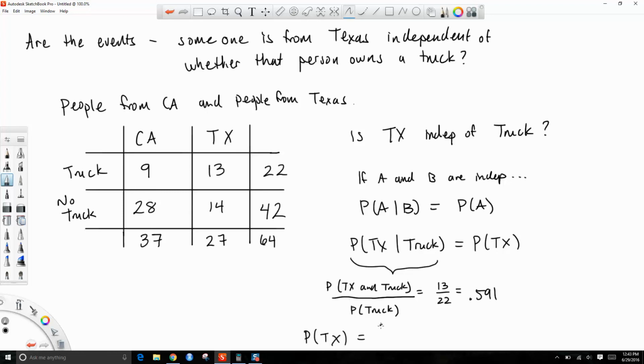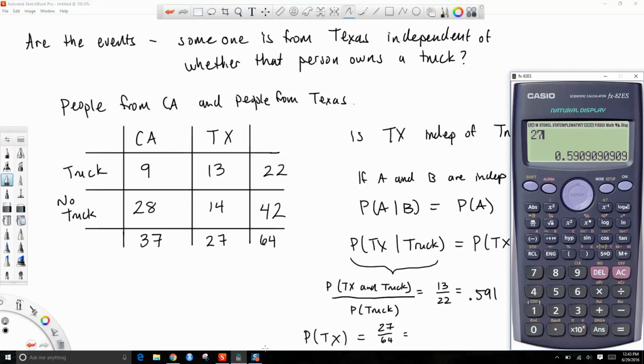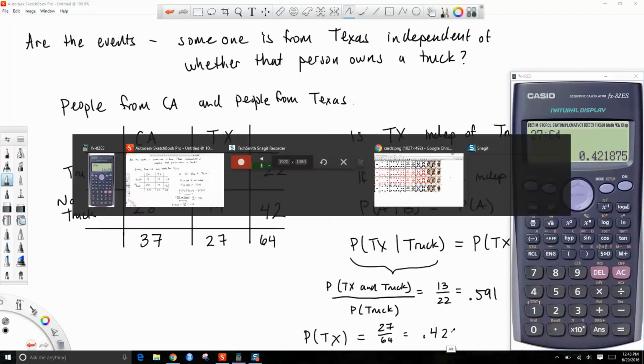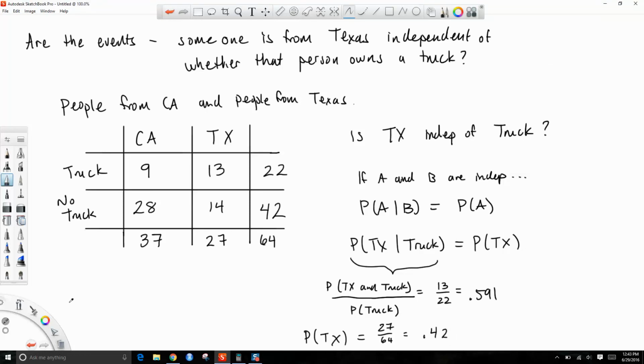Overall, what's the probability that someone is from Texas? It's 27 out of 64, right? So if we select someone at random, the probability that this person is from Texas is 27 out of 64, about 42%.